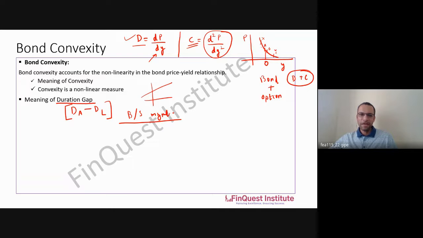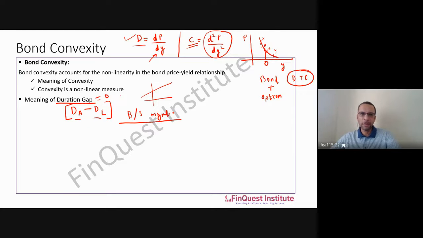But otherwise, for banks as well, balance sheet management is immensely important because your assets and liabilities have to move in tandem with each other. Because if not, that can cause a lot of funding mismatches, which can cause problems in the long run. So what banks generally do is they have a certain threshold which is defined for a duration gap. Ideally, everyone would want the duration gap to be zero, but practically it's impossible.